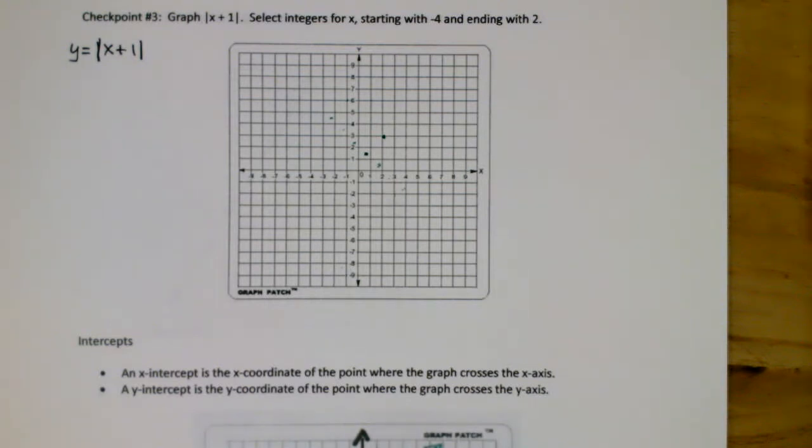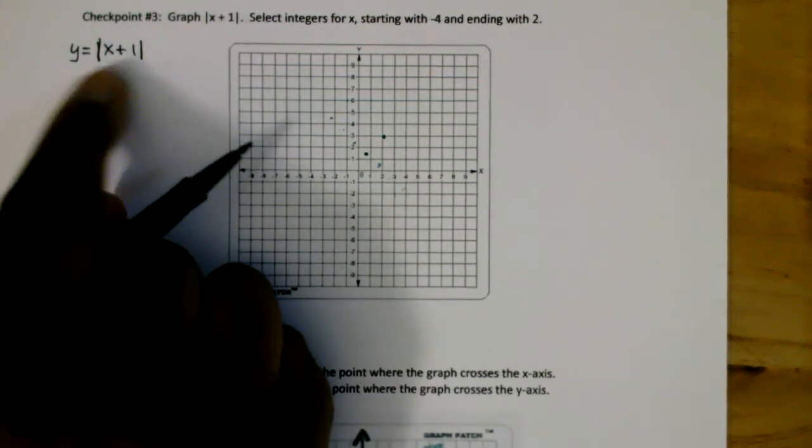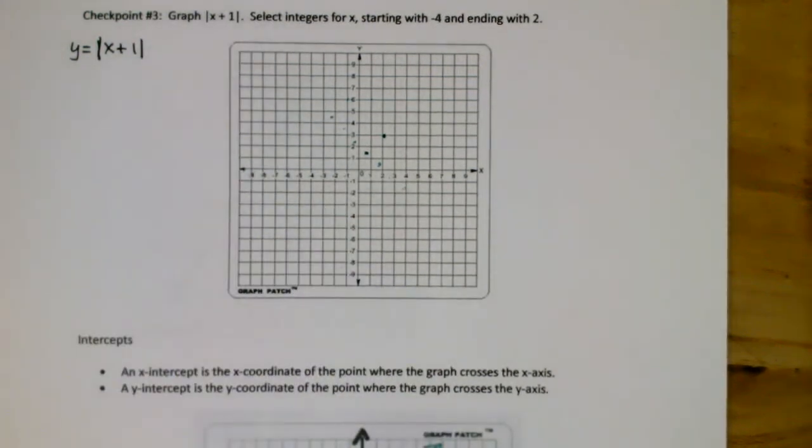Now, if you recall from other classes, the absolute value is the distance a number is from 0 on a number line. Also, you should know that absolute value will always be positive. It will never be negative.